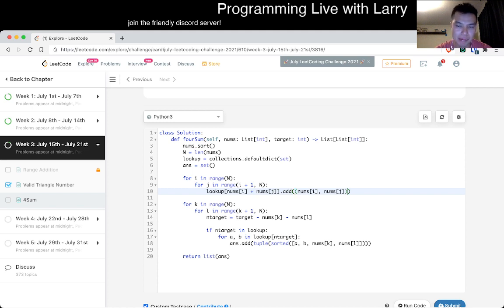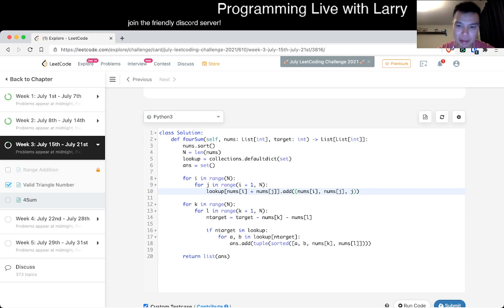But maybe that's fine. Actually, what we can do is we just maybe store j, because we want to do them in order.